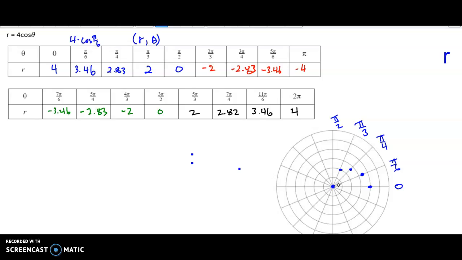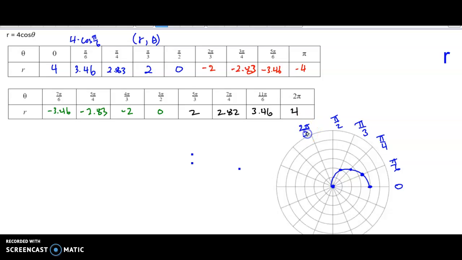So what you can see is that from where we started, it went in this path right here, like that. Now at 2 pi over 3, what happens?